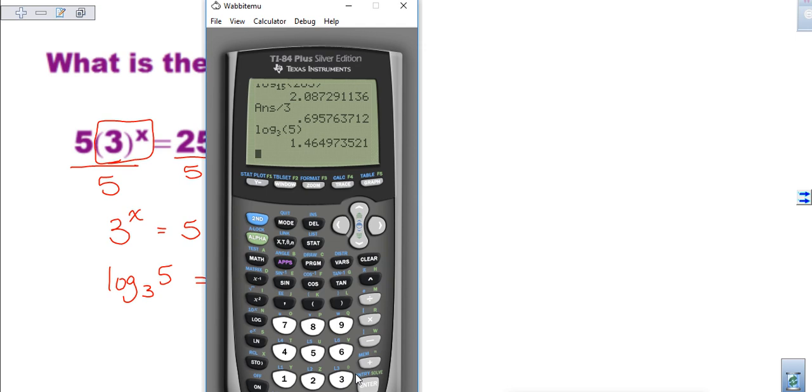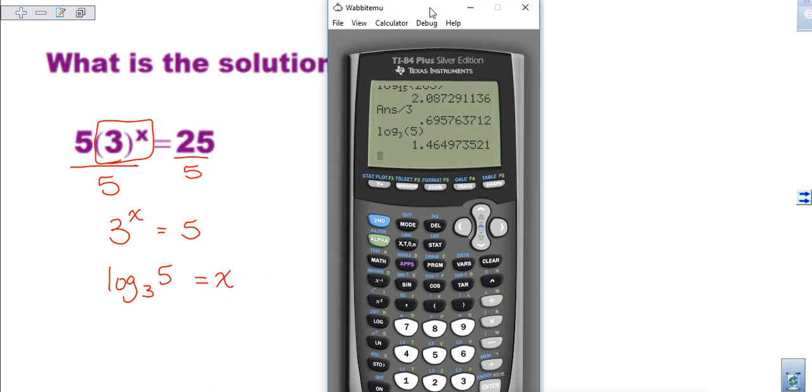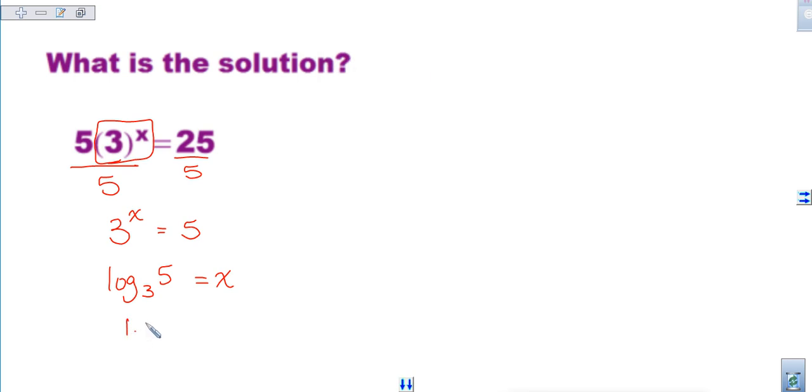Press enter. And you get 1.465 equals x. And then that is technically rounded to the 4th. Okay, but you don't have to put that 0 since it's there. Or to the 10,000th place.